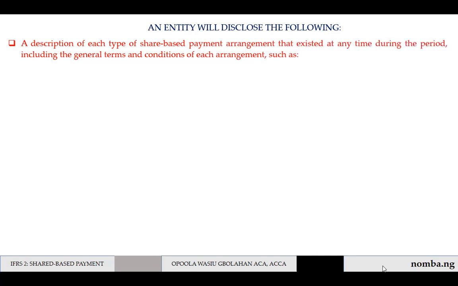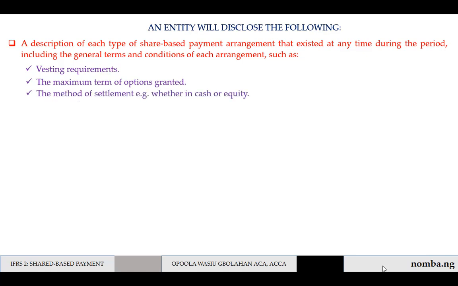So the entity will disclose the following. One is a description of each type of share-based payment arrangement that existed at any time during the period, including the general terms and conditions of each arrangement, such as the vesting requirements, the maximum term of options granted, and the method of settlement. Okay?